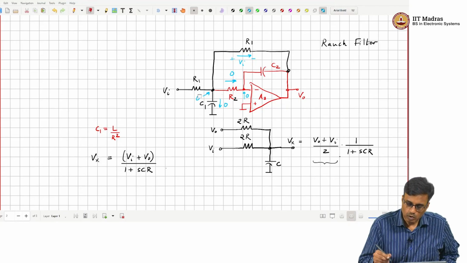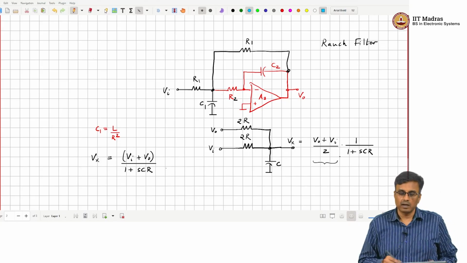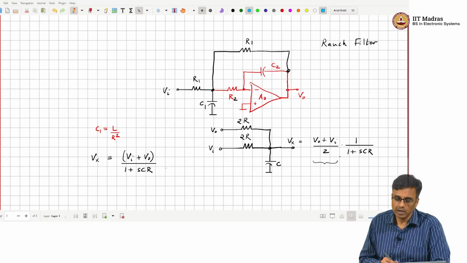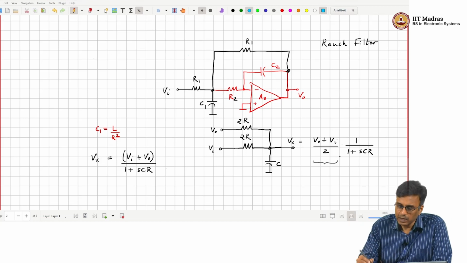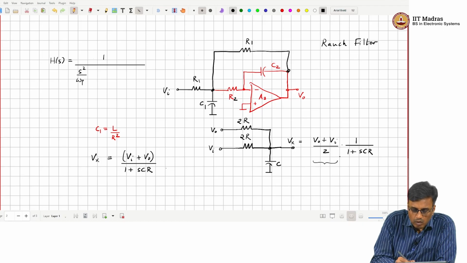I will leave it as an exercise for you to find the Q in terms of these component values, but let us try and find the omega naught in terms of component values. At high frequency, this H of S, we want to realize 1 over S square over omega p square plus S over omega p Q p plus 1.